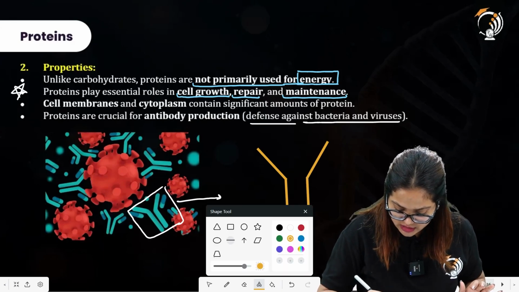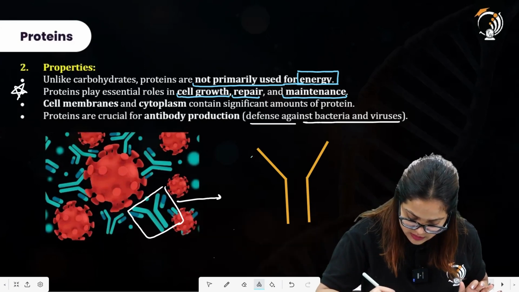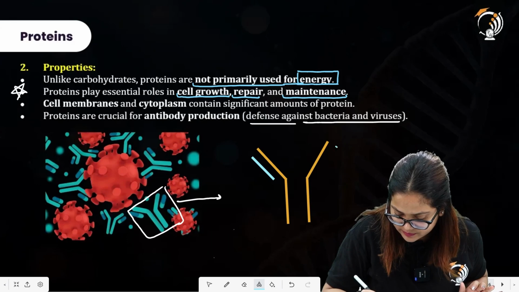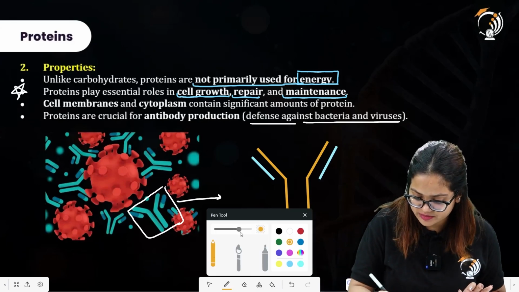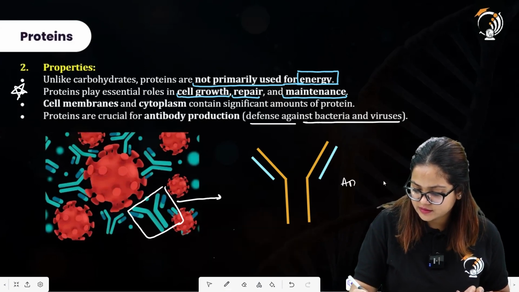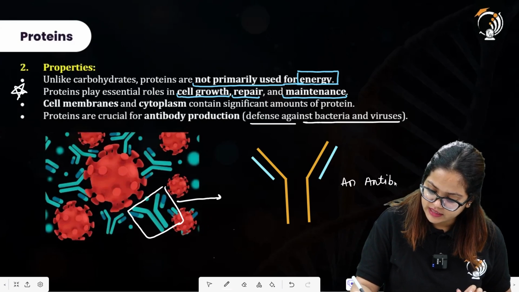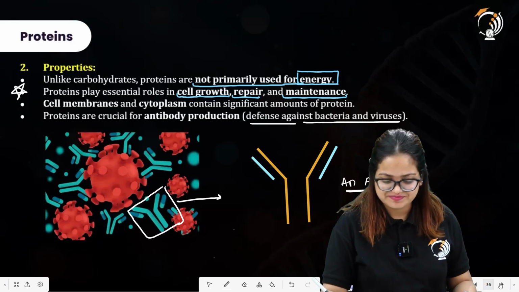Two heavy chains, then we have two light chains. All right, this is a representation of antibody. And antibodies are also made up of proteins.